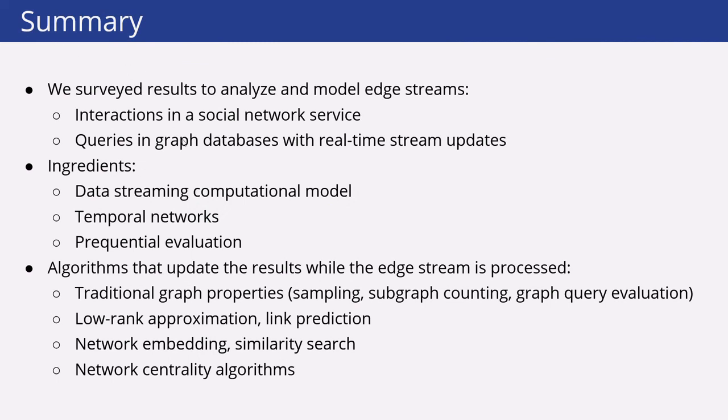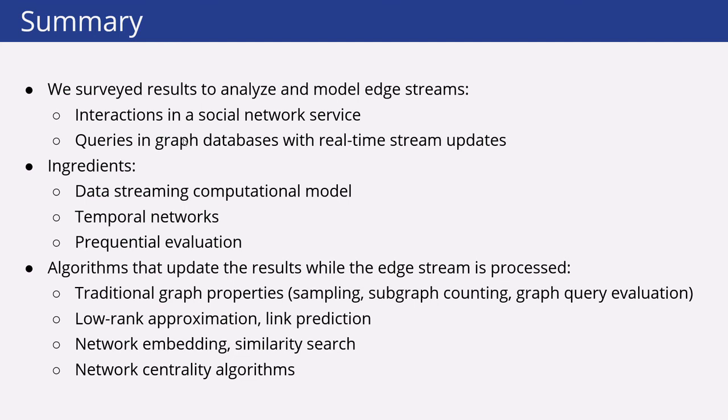In the past 1.5 hours, my colleagues have surveyed results to analyze and model edge streams, with examples including interactions in a social network service or even queries in a graph database which needs real-time updates from an edge stream.